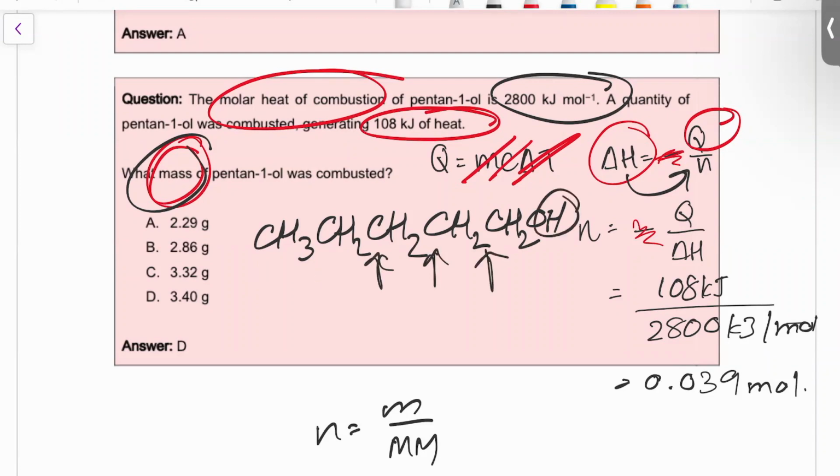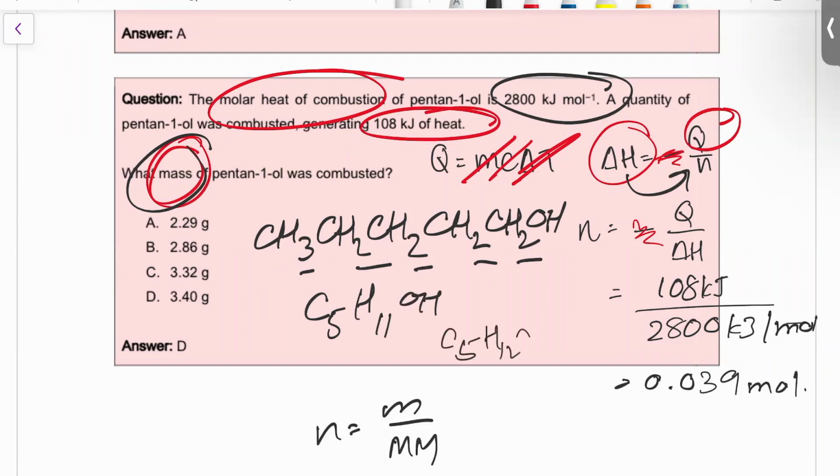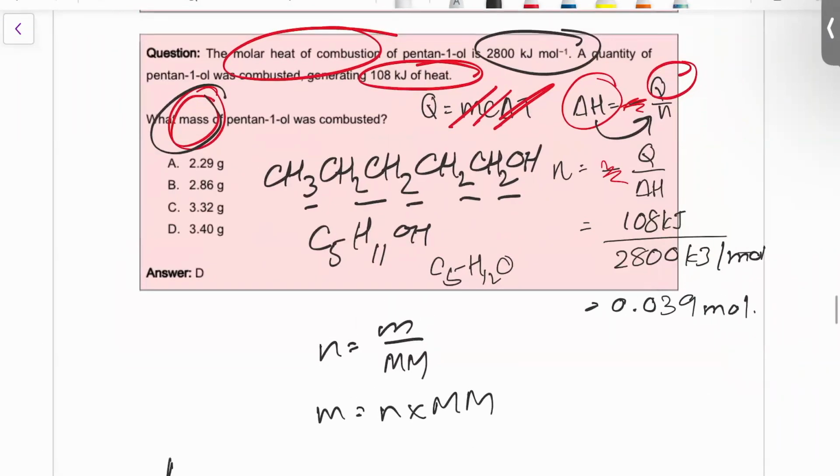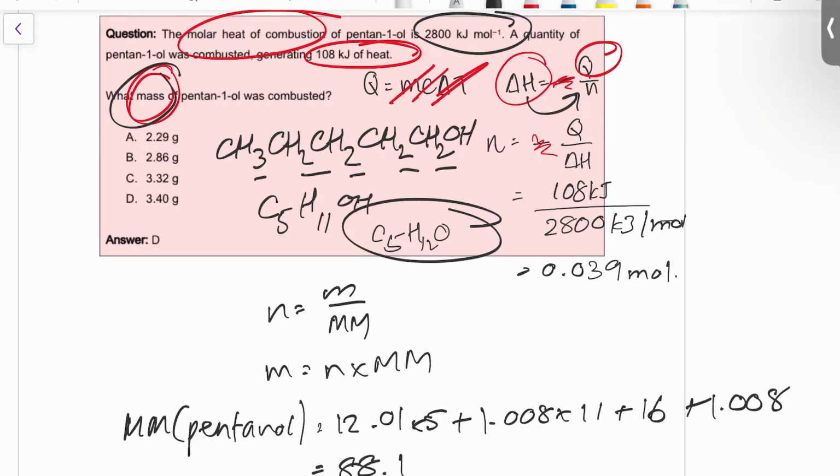Which means if I put this together, it's C5H12OH. Oh, sorry, C5H12O. So how am I going to calculate my molar mass for pentanol? 88.146, beautiful, grams per mole, thank you.